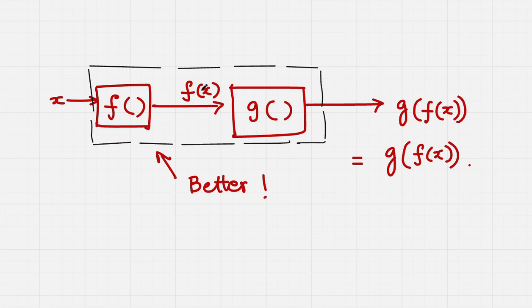That output f of x goes as an input to the function g, and the output of the g function will be g of the input. Now the input of g was f of x, so the output will be g of f of x. Okay, so that is a slightly better way of representing and understanding composite functions. Okay, thank you.